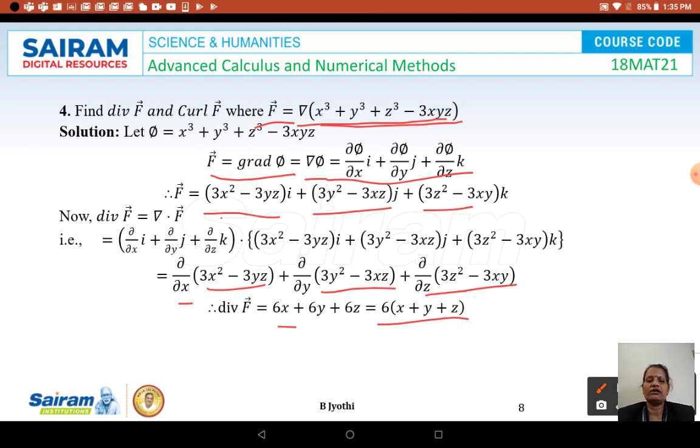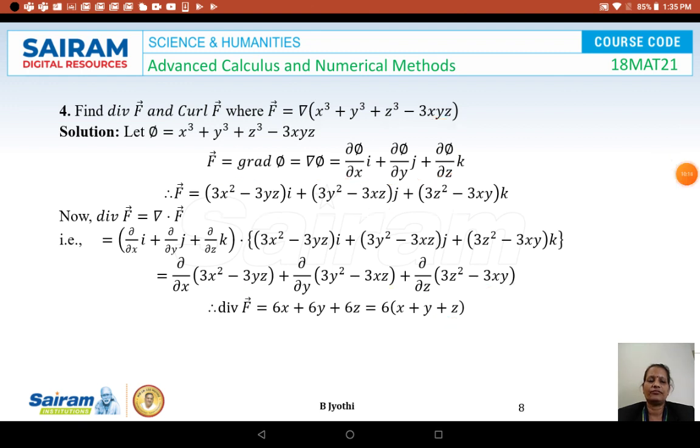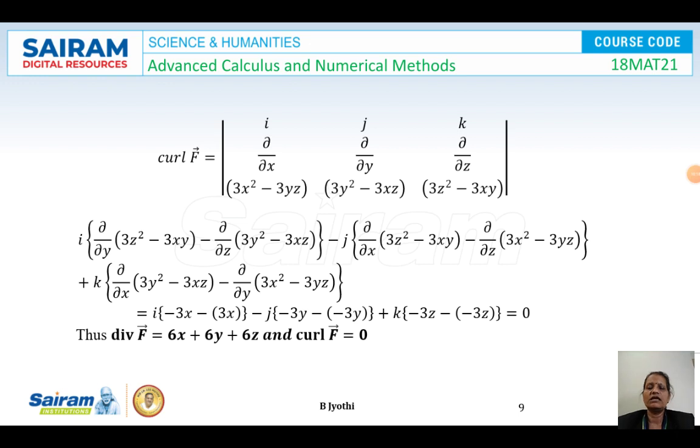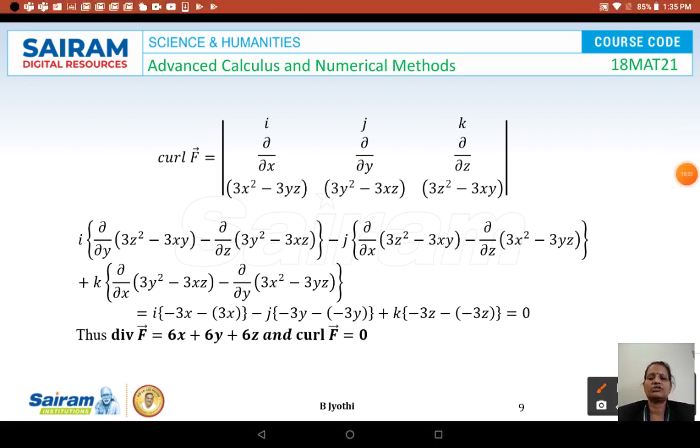Now next we will find out what curl f is. The curl f is given by the determinant where the first row is i, j, k, the second row is dou by dou x, dou by dou y and dou by dou z, and the third row is the components of f.